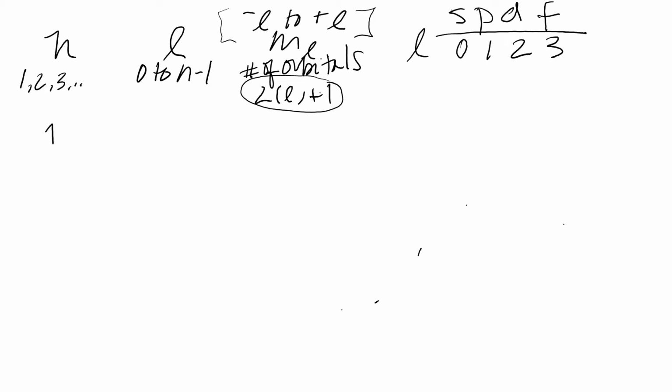So if we have a principal energy level of 1, we can have one subshell. So remember, this is the subshell. This is the principal shell, or principal quantum number. And this is the orbital's orientation in space. That's m sub l.